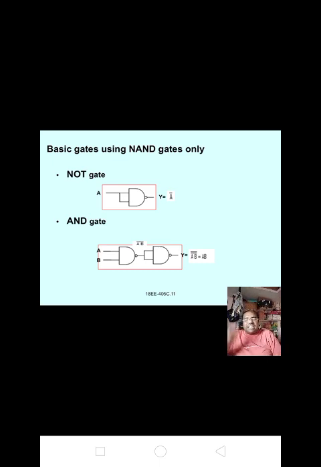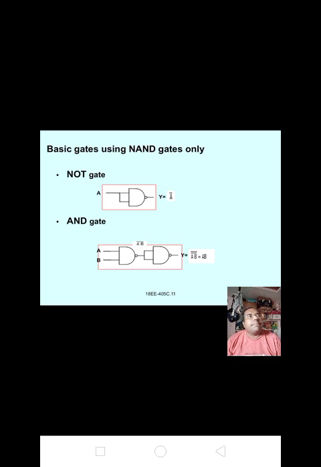For the NAND NOT gate, here we are taking only one single input. A is the input, and we get the output Y equal to A bar. For the AND gate, we are taking two NAND gates, that is, A and B are the input. For the first NAND gate, we get the output (AB) bar.